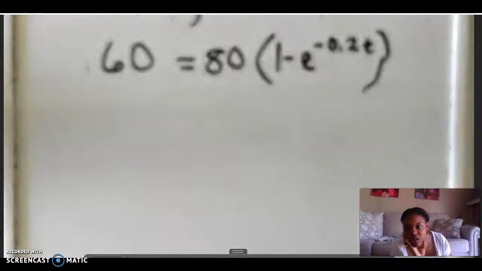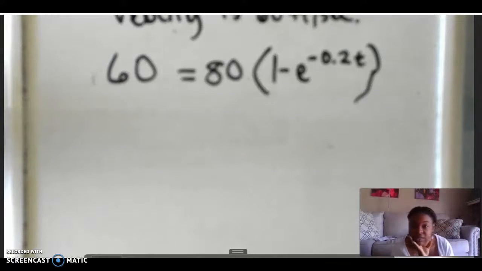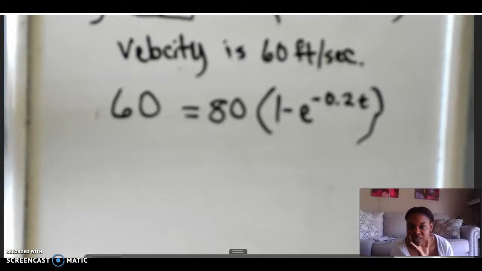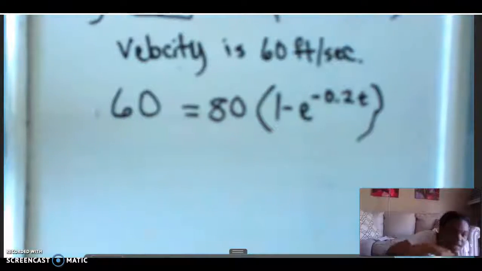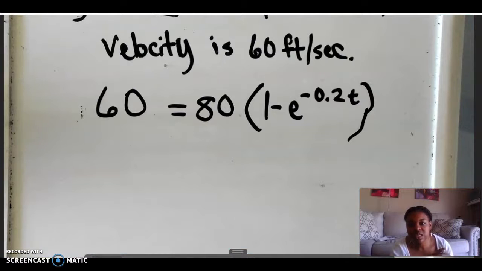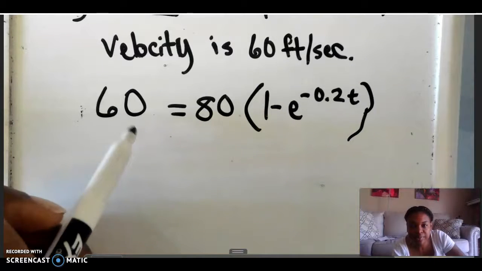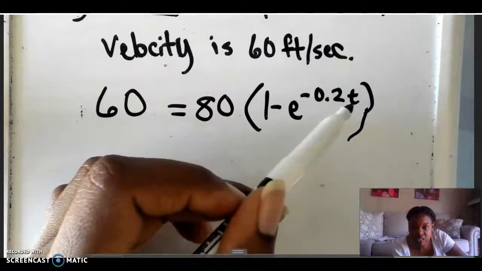Now we just need to solve this for t, because they want to know, if we know the velocity is 60 feet per second, what is the time going to be, or how long does it take to get a velocity of 60 feet per second? So we're going to solve this for t.